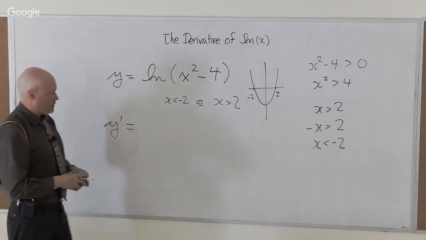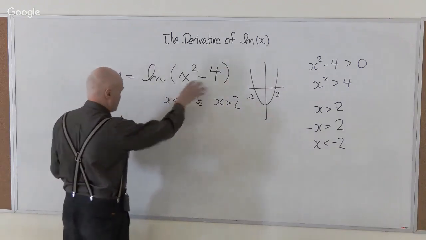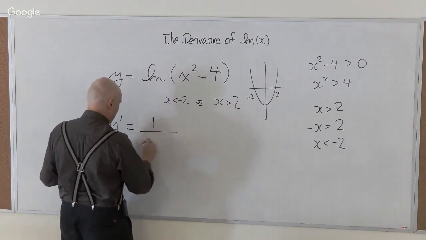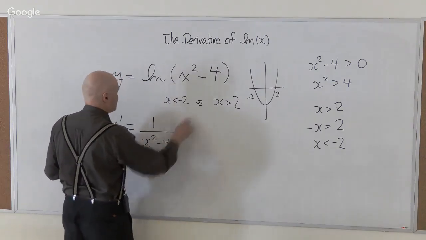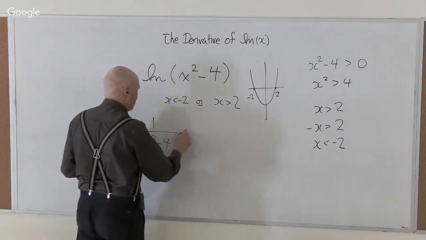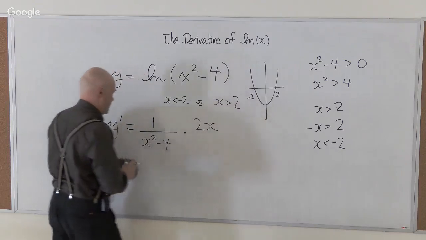Let's not do the u, dy du, du dx thing. Let's just do the derivative of the outside. I'm not even singing the song. Just 1 over whatever that is, times the derivative of the inside function. Derivative of that is just 2x, okay?